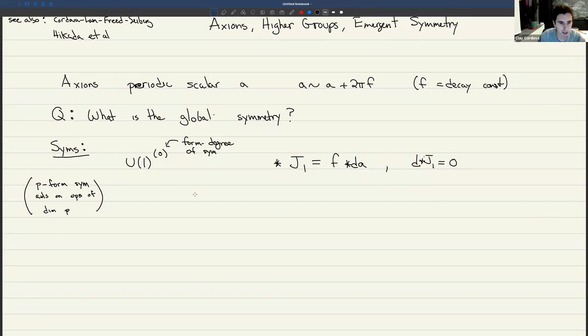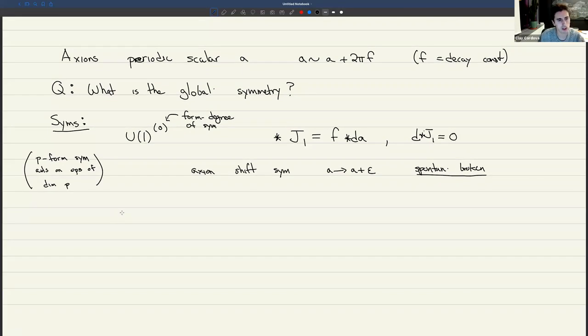And this is very familiar, this is the axion shift symmetry. So you can take the axion A and you can shift it by a little amount epsilon. And this symmetry is spontaneously broken, and the axion is the associated Goldstone boson.